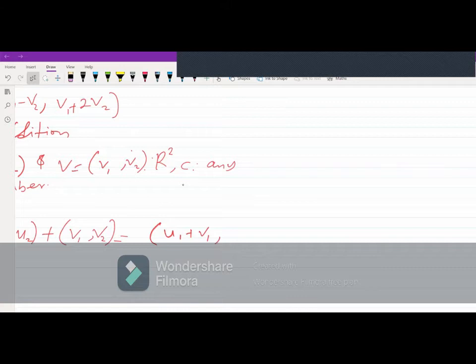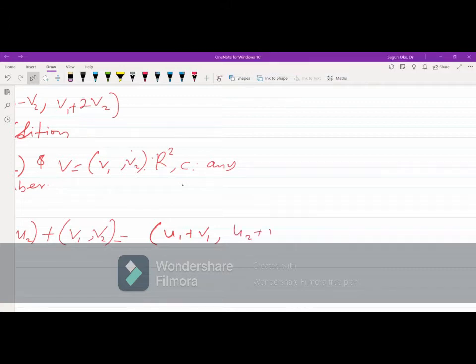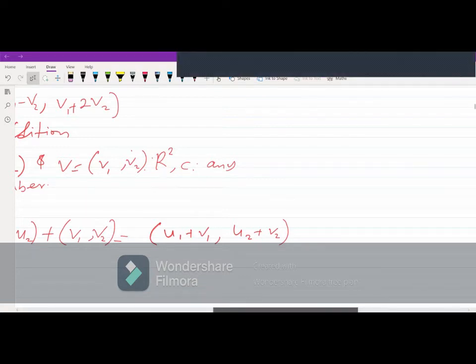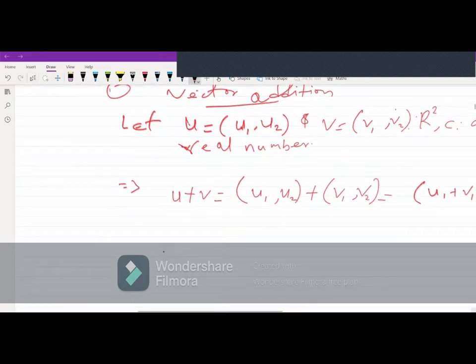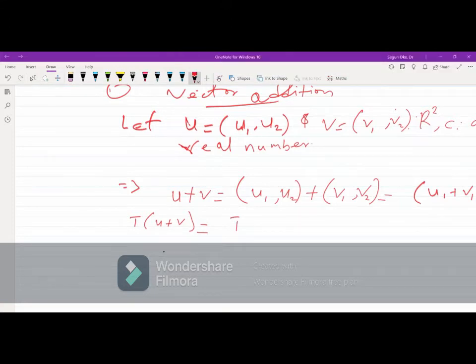All the ones will be together, then all the twos will also be together. So from there, I can now introduce the transformation. I can say my T of U plus V is the same thing as T of (U1 plus V1, U2 plus V2).